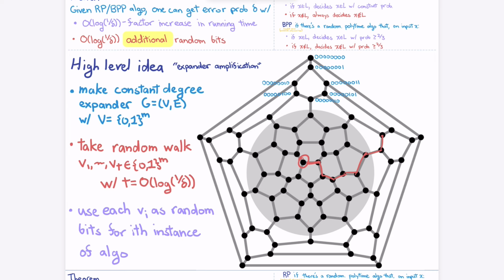Now, if you want to get it down to log 1 over delta, first of all, if you recursed, you still have to pay the m plus for the initial. So I don't know if you can get it down to log 1 over delta by recursing. You can try though.